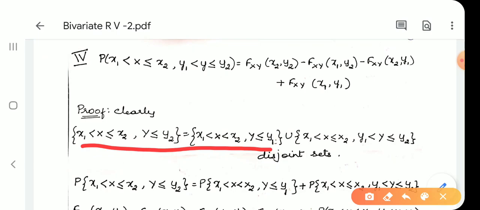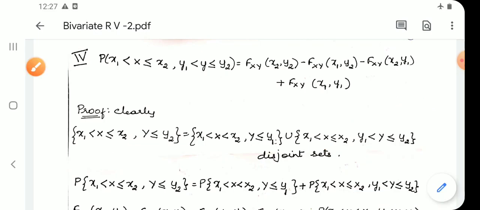Union x1 less than X less than or equal to x2. Here this set contains all the elements from x1 to x2. Here the set contains x2 also, comma, here this contains all the elements after y1 and it also includes the element y2. So clearly both the sets are disjoint.